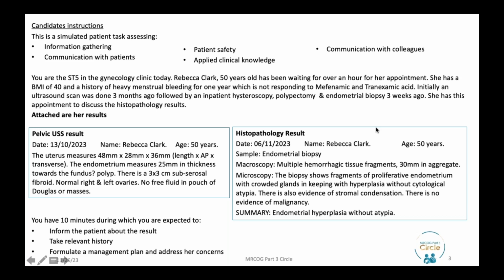Now, I have matched the name and NHS number of the report, and there is one scan report of your womb, and there is also a tissue report. Your scan report says that your womb lining is increased in thickness, and your tissue report says there is increased thickness of womb lining, but there are no abnormal cells.